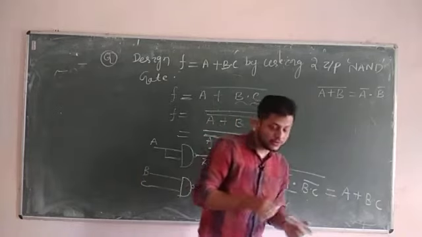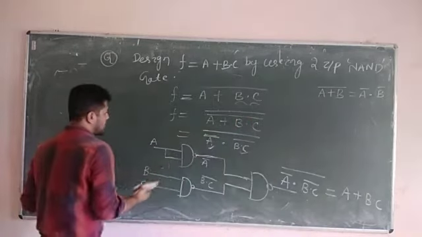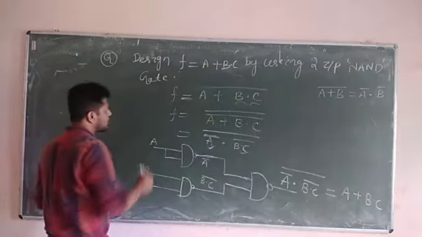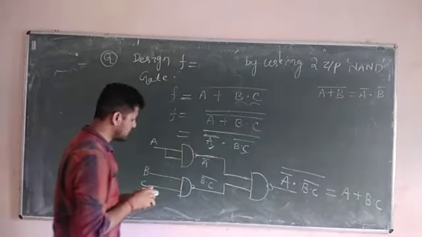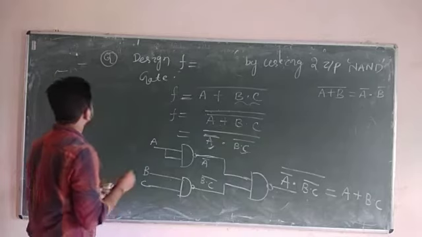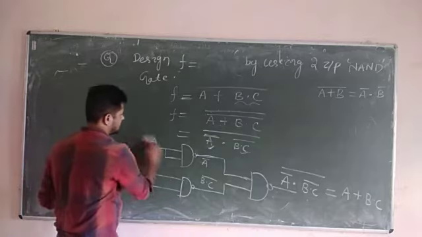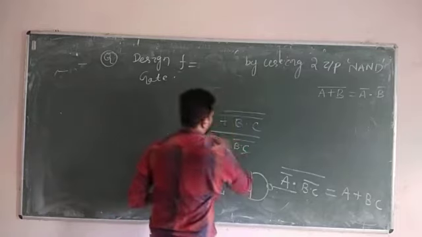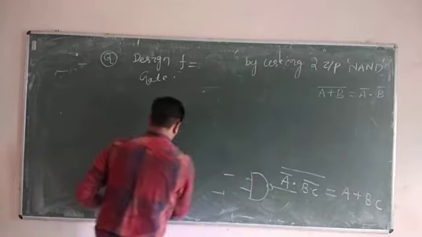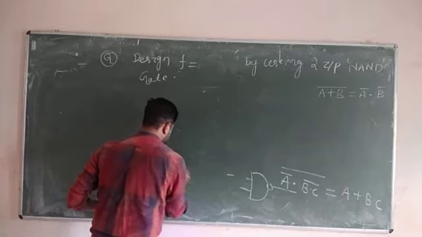Another example I am going to show you, how to approach for your NOR gate. So implement design f is equal to, next question is to try this at your home, try to implement all the sum of product of sum.